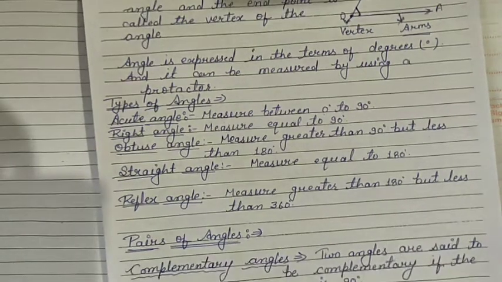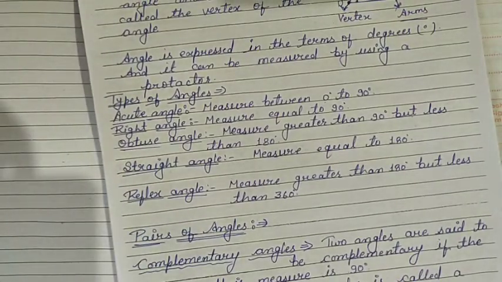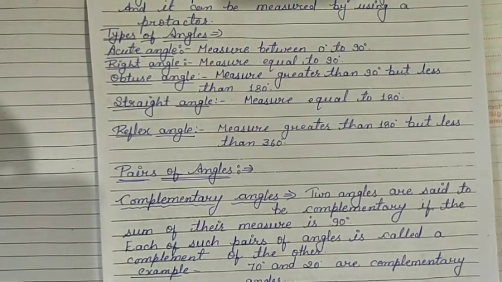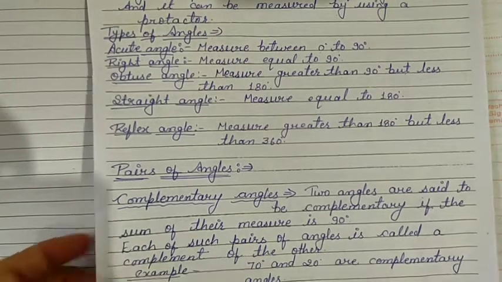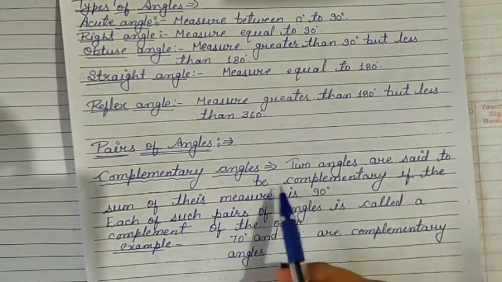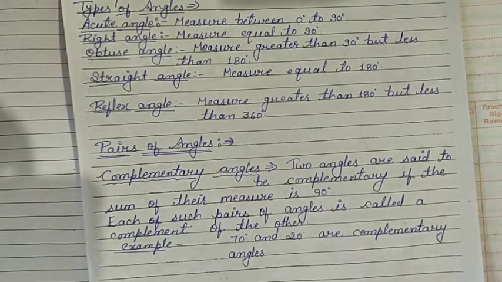Now we will do some pairs of angles. Now we will do complementary angles, supplementary angles, and adjacent angles, linear pairs of angles. So firstly, complementary angles. Two angles are said to be complementary if the sum of their measure is 90 degree.